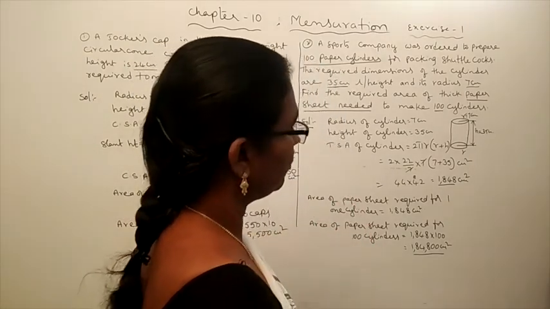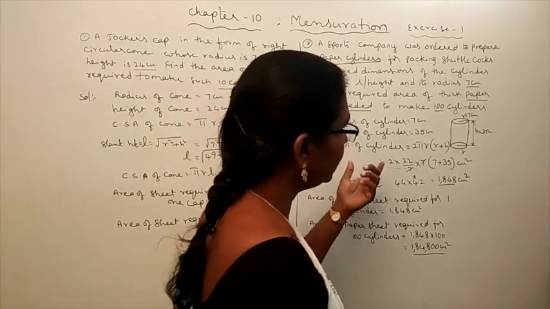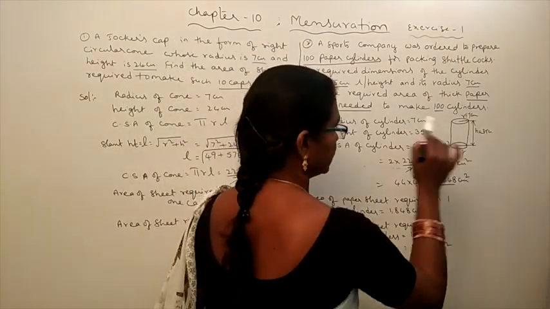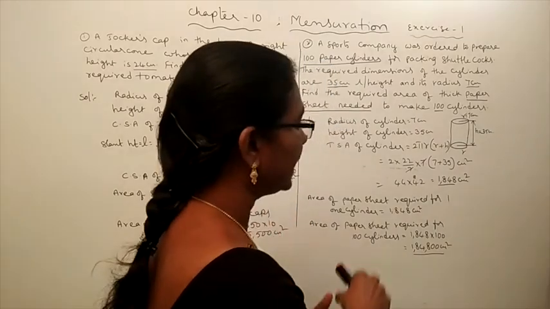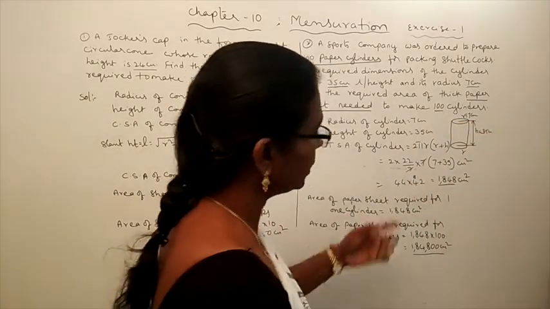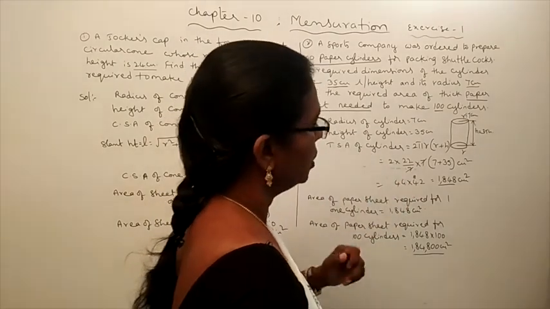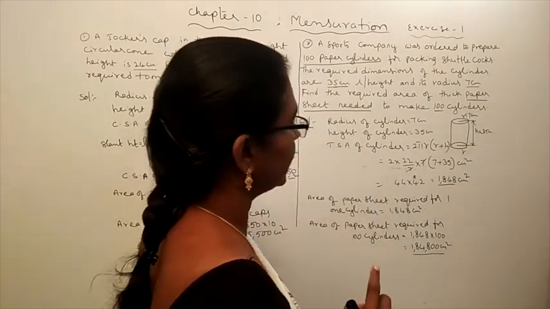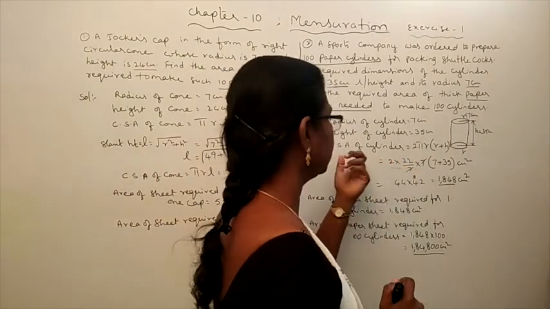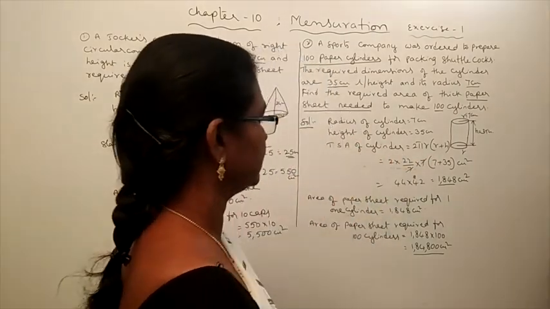Now, to make the cylinders, we have to take TSA because they want to pack shuttlecocks in them. For that, we require top and bottom. Then, if you require top and bottom, we have to take TSA. For only sides we take CSA, but for the total cylinder you have to take TSA, the total surface area of the cylinder.